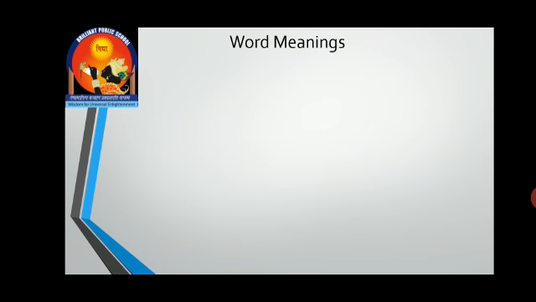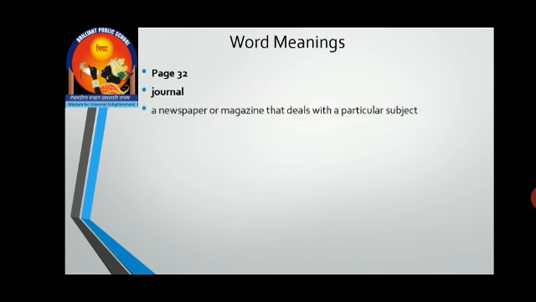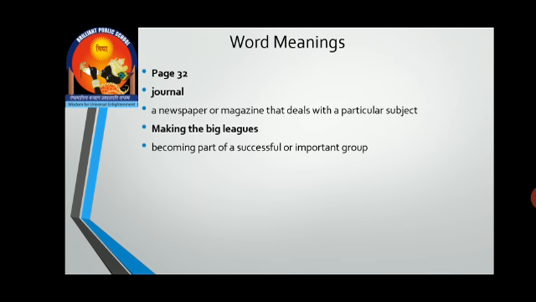Students, now let us take a look at some of the word meanings. On page number 32, we have the word journal, which means a newspaper or magazine that deals with a particular subject. There's this phrase, making the big leagues, which means becoming a part of a successful or important group.